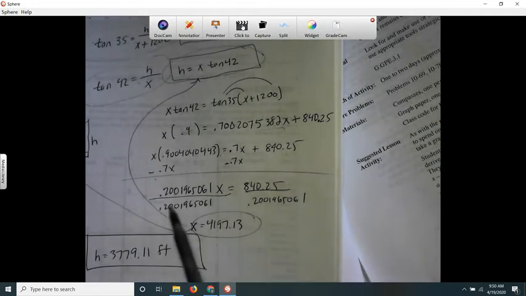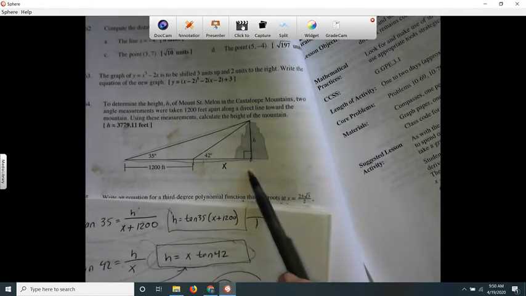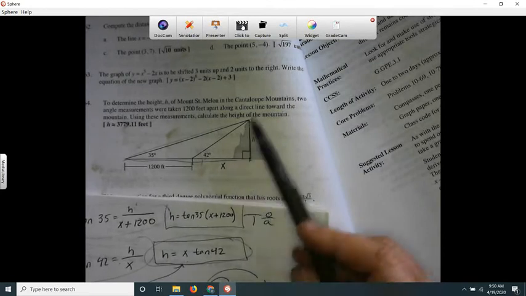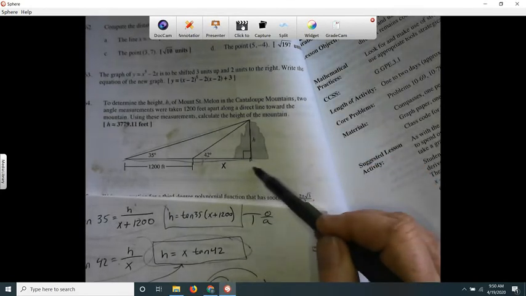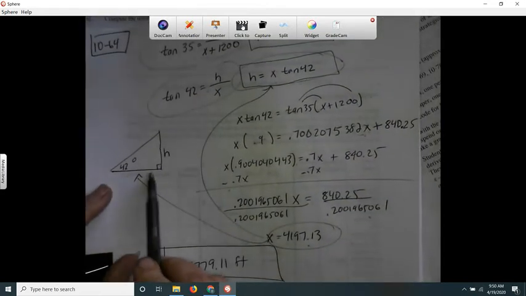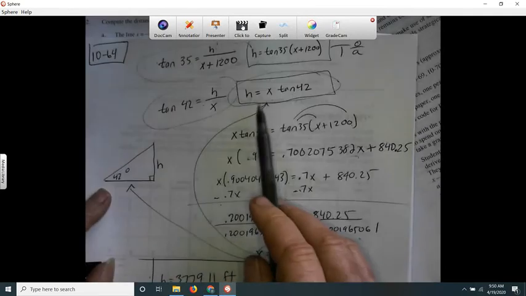And then I divide both sides by this 0.2, and I solve for x. And then I remembered that x on my picture is this. So what they're asking me is how tall the mountain is, so I still don't know yet. So I've got to plug that in. This x is just this bottom part right here, but I know tangent is opposite over adjacent.